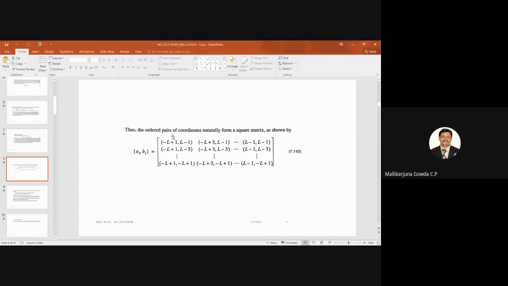So we know what L is: L is equal to square root of M. If you take the example, then you will be able to construct this matrix. I will come to that. So this is the generalized way of defining the square matrix, and that will give you the coordinates of the message points.